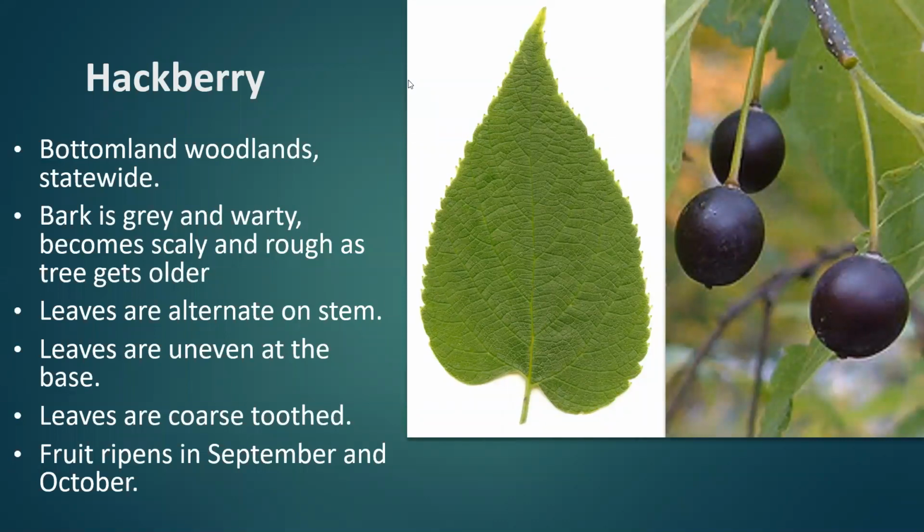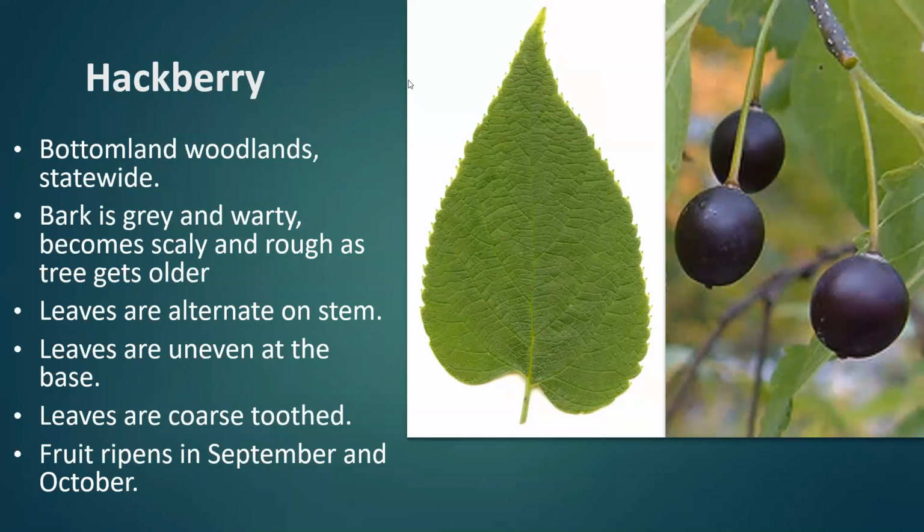I think we might have a picture of it on the next slide, if I'm not mistaken. But if you think of, let's say, the beech tree that we talked about earlier, where it's got that real smooth bark, if you can just imagine that with warts randomly scattered over the course of the tree, that's basically what the hackberry looks like. So it's this very smooth bark with these warty cork projections.